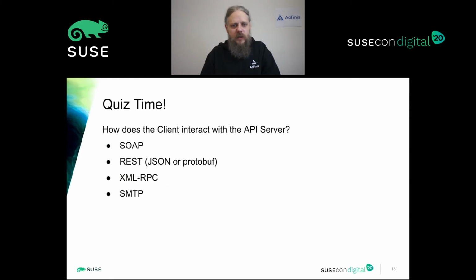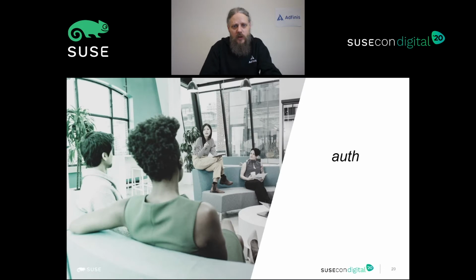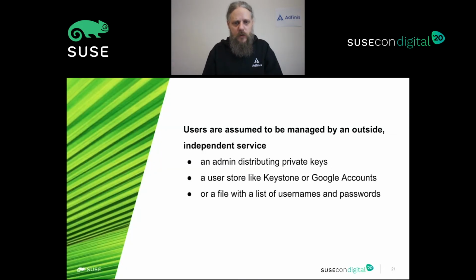How does this client interact with the API server from Kubernetes? It's REST, using either JSON or protobuf as the wire protocol. Authentication: when you get a cluster, you need to authenticate to it.